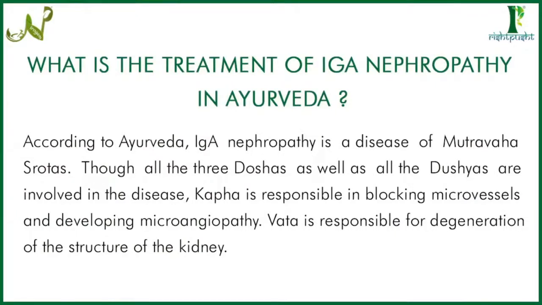Now, according to Ayurveda, IgA nephropathy is a disease of Mutravah Srotas. Though all the doshas as well as the dushyas are involved in the disease, Kapha is responsible for blocking microvessels and developing microangiopathy, and Vata is responsible for degeneration of the structure of the kidney.